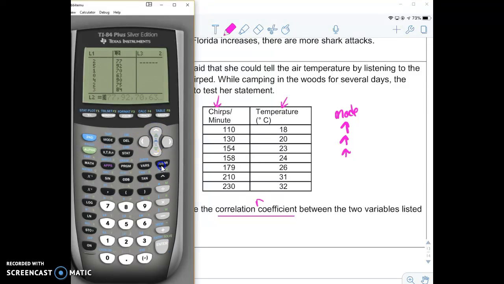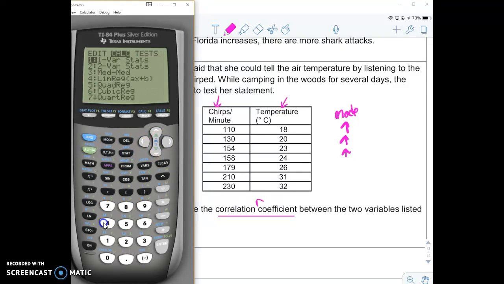I'm going to clear out what I have. Okay, I have 110, 130, 154, 158, 179, 210, 230. Temperature in Celsius, 18, 20, 23, 24, 26, 31, and 32.